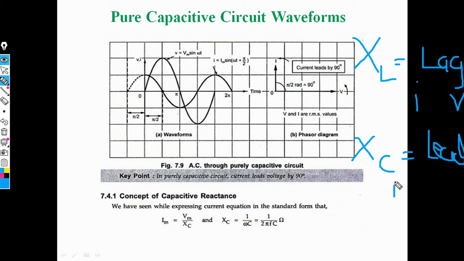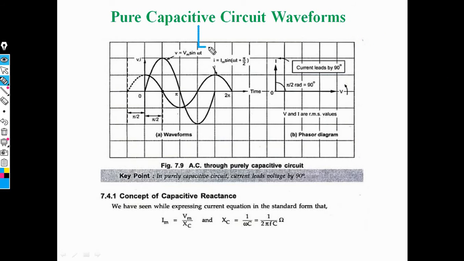That is, current I leads the voltage. Both depend on lagging and leading currents, that is, lagging for inductance and leading for capacitance, that is plus and minus. Now we have to show both waveforms.